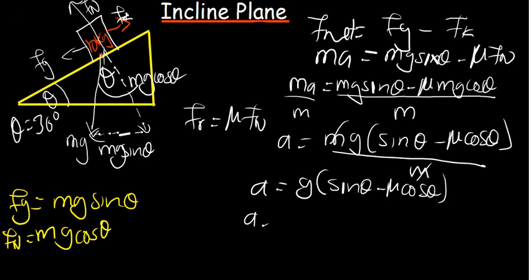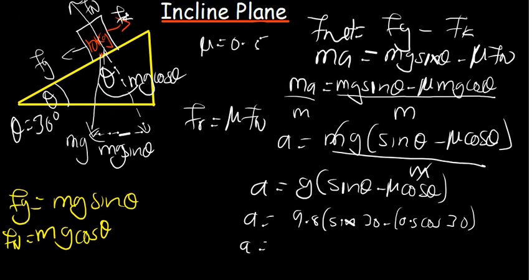So let's plug in the values. So 9.8 times sin 30 minus, so let's say our mu value is 0.5. Now we have 0.5 cos 30.